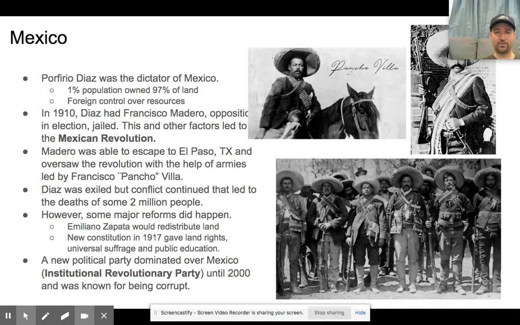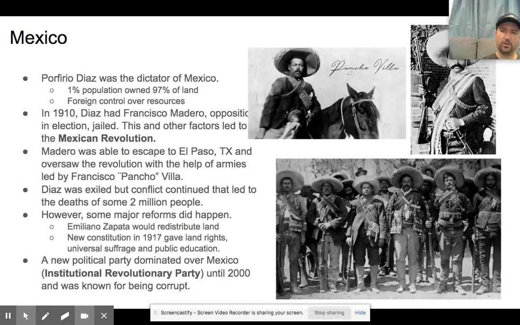This great inequality within Mexico is definitely an internal factor that is going to lead to a revolution. But in 1910, Diaz is going to jail Francisco Madero, who was his opposition in the election. And this is the thing that does spark the Mexican Revolution.